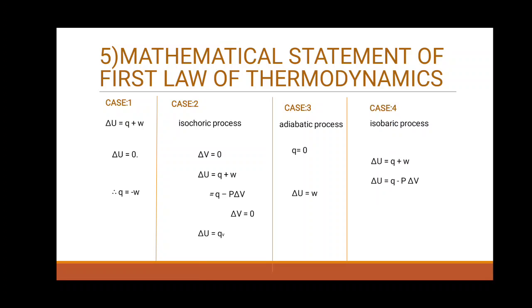The final expression W equal to minus P del V. Here the pressure is constant, so the equation stops here. So the mathematical statements of first law of thermodynamics, case 1, case 2, case 3, case 4, are discussed.